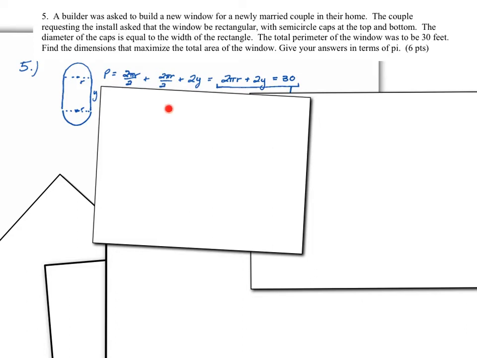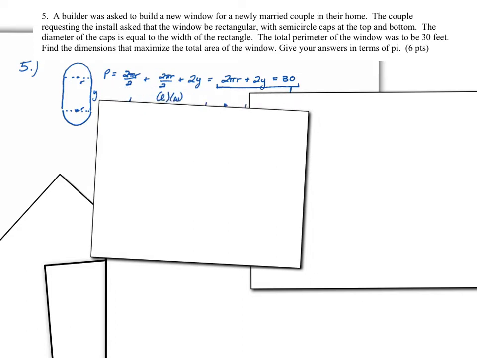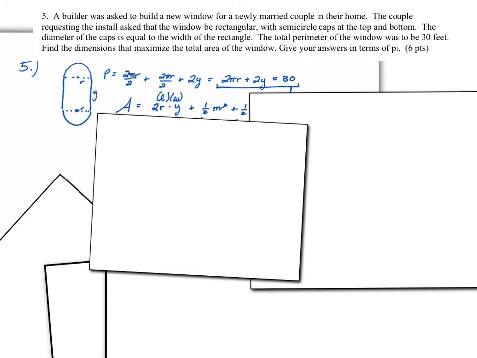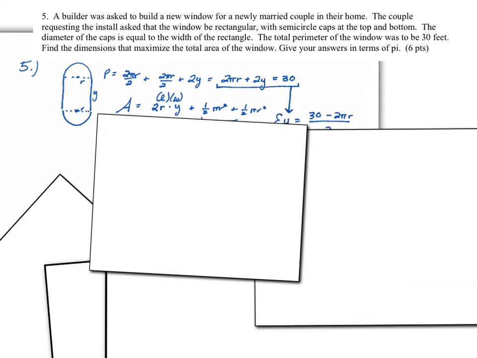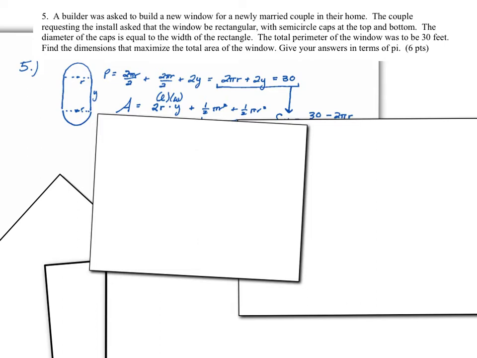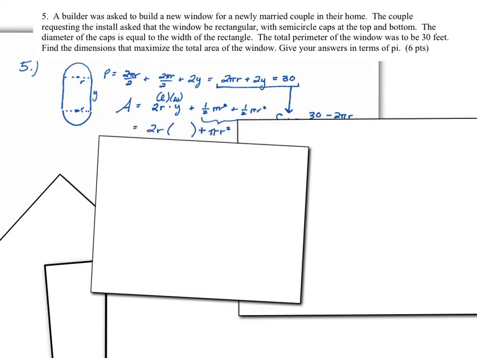Now we're trying to optimize the area, which is length times width. Here it's going to be 2r for the bottom of the rectangle, and half of pi r squared and another half of pi r squared, giving us a full pi r squared because it's a whole circle in total. Our substitution there, we simplify that area.